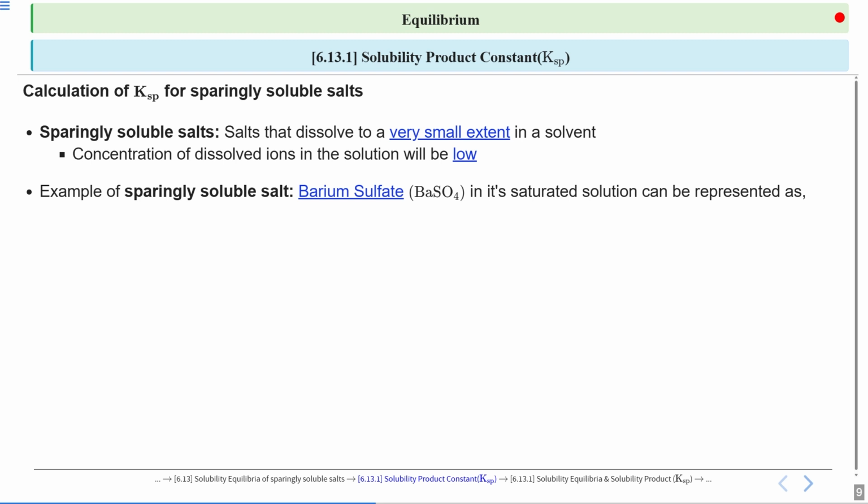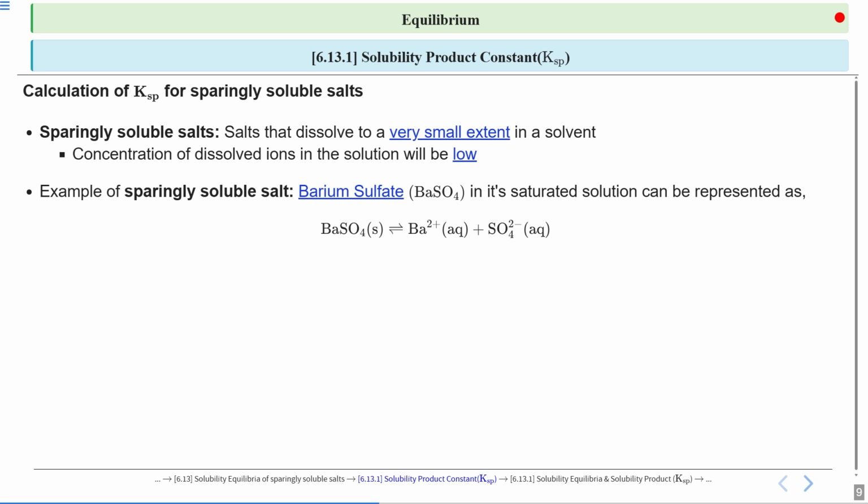Suppose we are taking the example of barium sulfate to understand this Ksp. This Ksp is basically the symbol used for the solubility product constant. And how do we define it? It's very simple. First, let us take the dissolution of barium sulfate into the solution, producing barium 2+ and sulfate 2-.